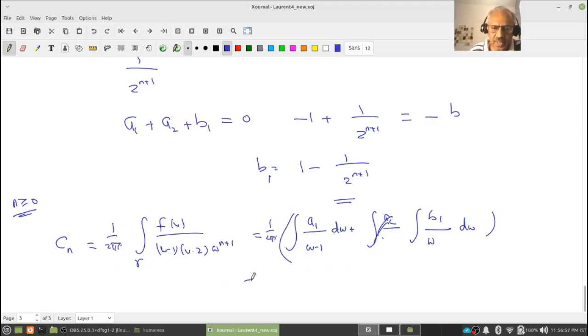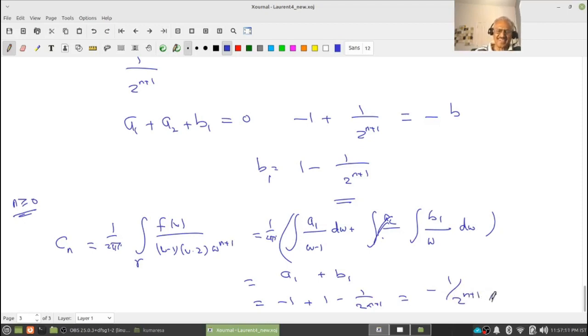And therefore this object we know is just a1, and this object is b1, and a1 we know is minus 1, and b1 we know is 1 minus 1 by 2 power n plus 1, therefore minus 1 by 2 power n plus 1. I got it. I'm sorry. I forgot. Yeah, that's what was bothering me.